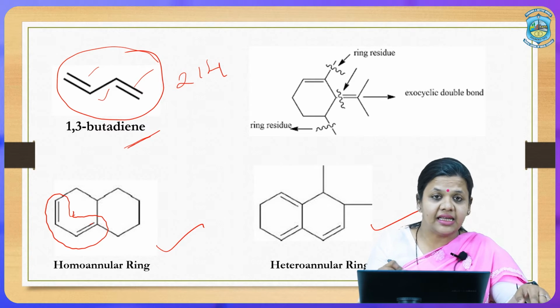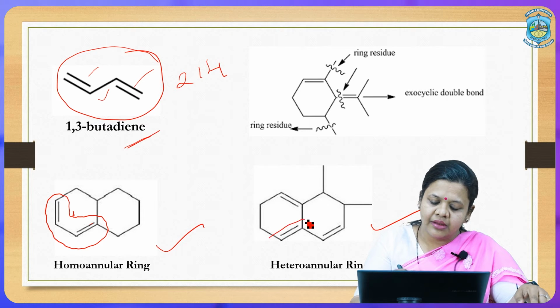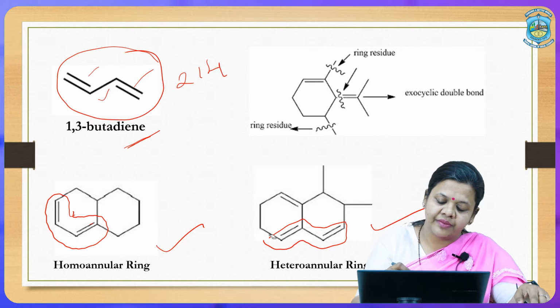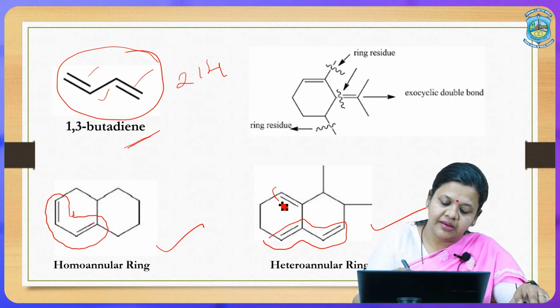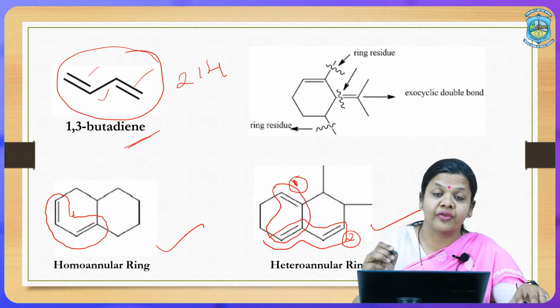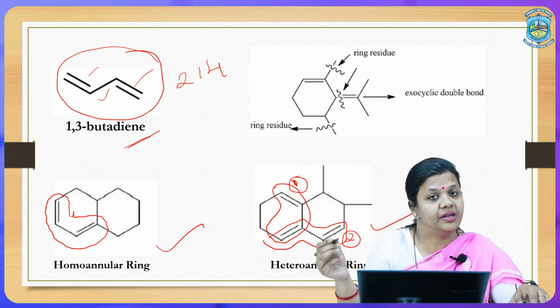Whereas in the other example, this is one condition where a 1,3-butadiene molecule can be formed, and another can also be formed by taking the ring upwards. This can also be a 1,3-butadiene, which I am referring to as 1, and the other one as 2. So, there are two positions from where I can locate the presence of 1,3-butadiene.